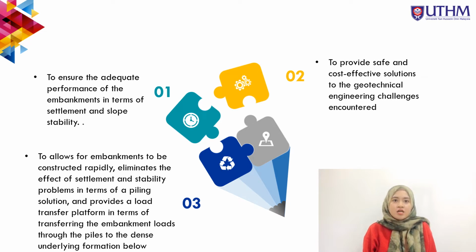Second, to allow the embankment to be constructed rapidly, eliminate the effect of settlement and stability problems in terms of piling solution, and provide a load transfer platform for transferring the embankment load through the pile to the dense underlying formation below. And the last one is to provide a safe and cost-effective solution to the geotechnical engineering challenge encountered.